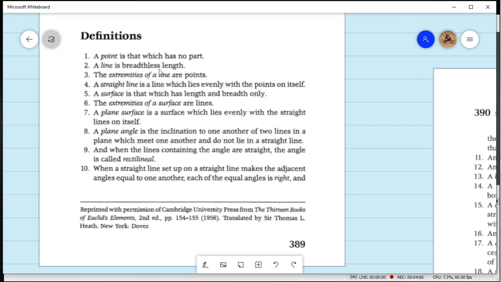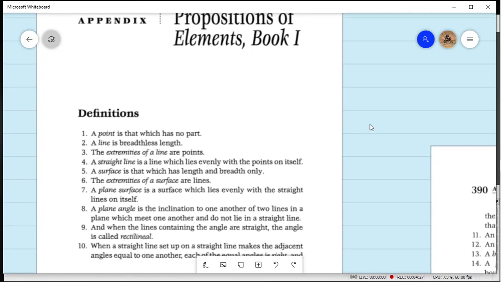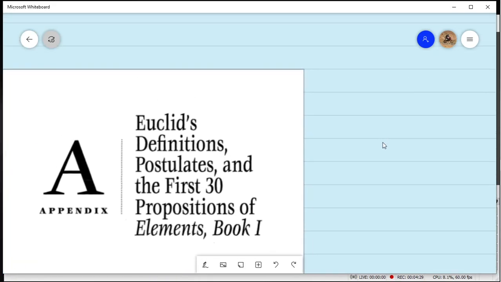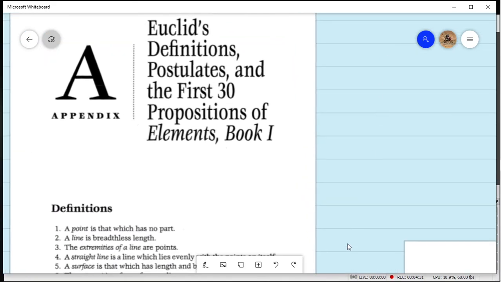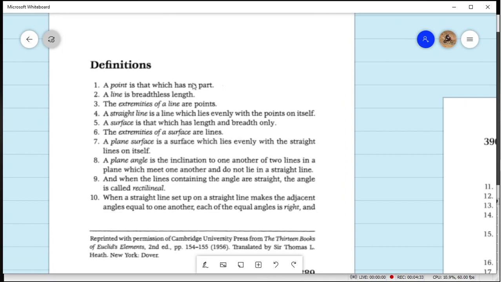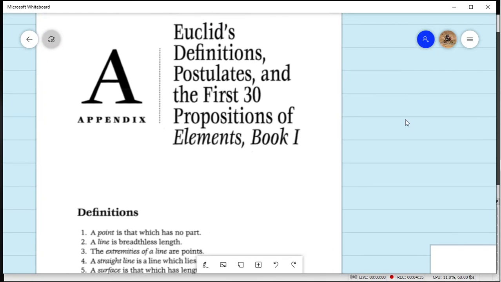A line is a breadthless length. The extremities of a line are points or endpoints, and so on, up to the definition of the plane. So the concepts of points, lines, and planes are basically undefined terms. The next definitions are terms defined using the undefined terms mentioned earlier.